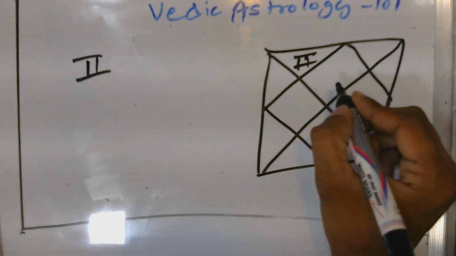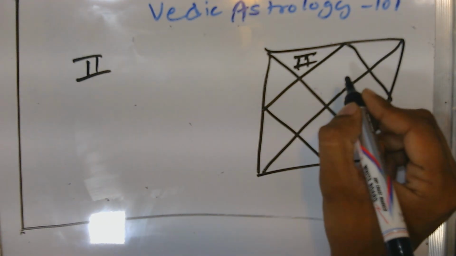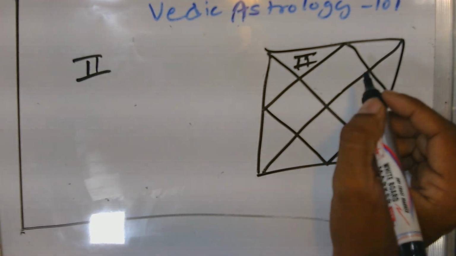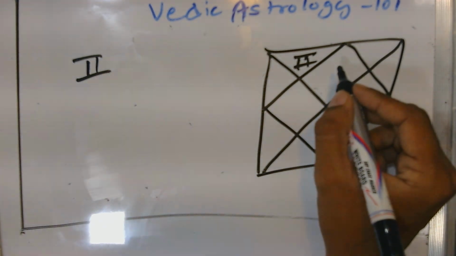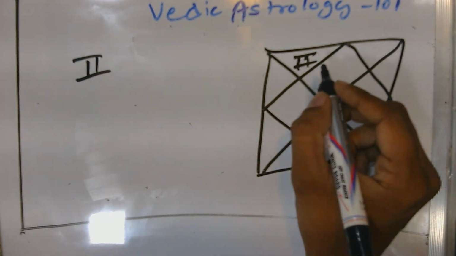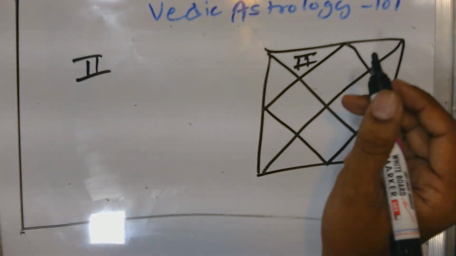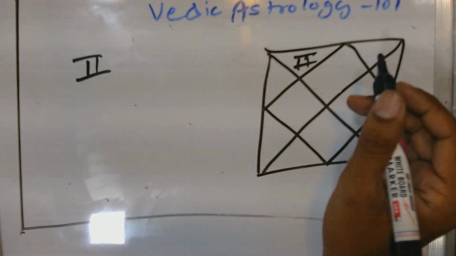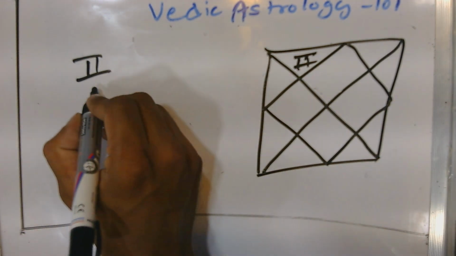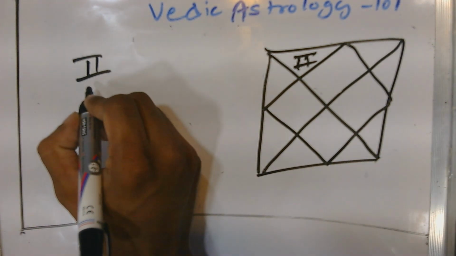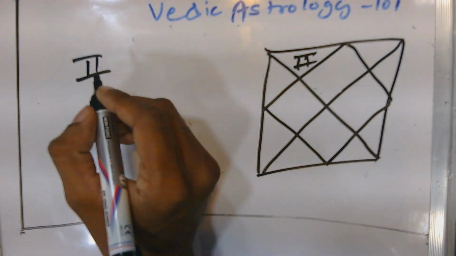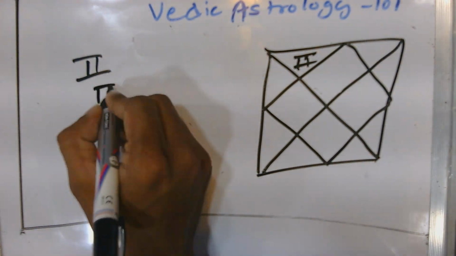So, we know that the first house tells us about the physique, health, or body of the person whose horoscope it is. So the second house will tell us about the things which are required for the survival or sustenance of the things associated with the first house. So, for having a good physique or healthy body or for surviving, generally what we need is food.